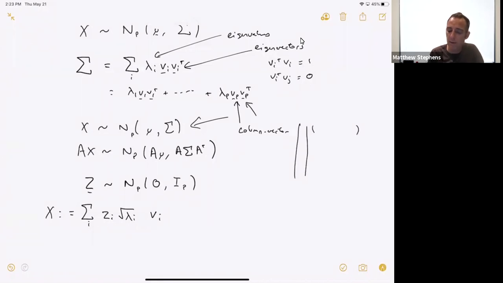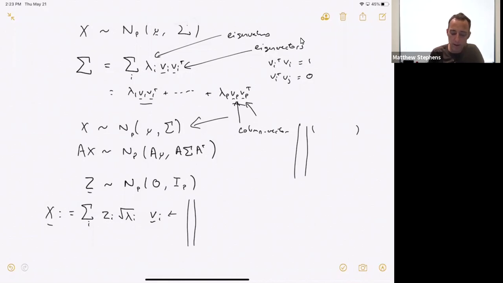So that v v transpose is a matrix that's p by p. Each of these is a p by p matrix. Here, this is now a column vector of height p, and these are scalars.